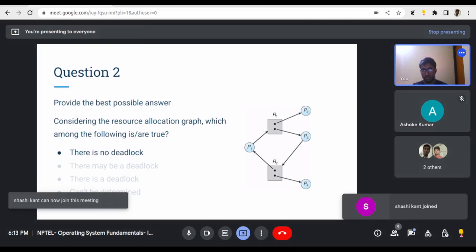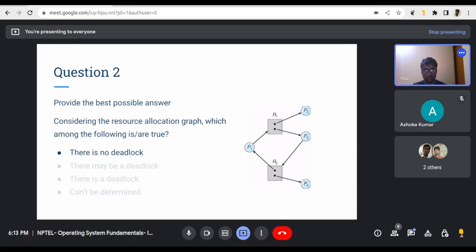So option A is correct, that is, there is no deadlock, everything can go on till completion. There exists a case of wait. P1 and P3 are the processes that need to wait for P2 and P4 to complete, but as we can see from the graph, there is no instance of P1 requiring more than what is indicated by this resource allocation graph.